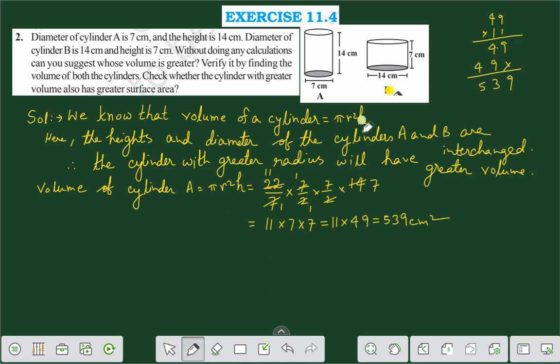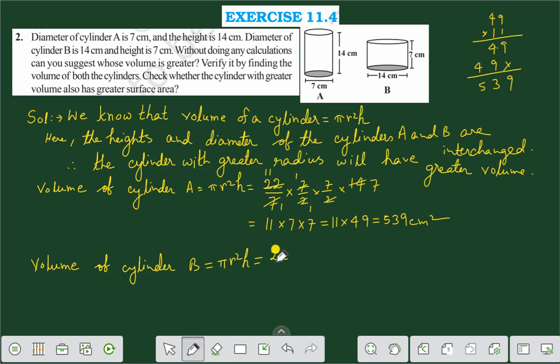Right? We will find the volume of cylinder B. Volume of cylinder B is equal to pi r square h, same formula, pi into r square into h. The value of pi is 22 by 7.